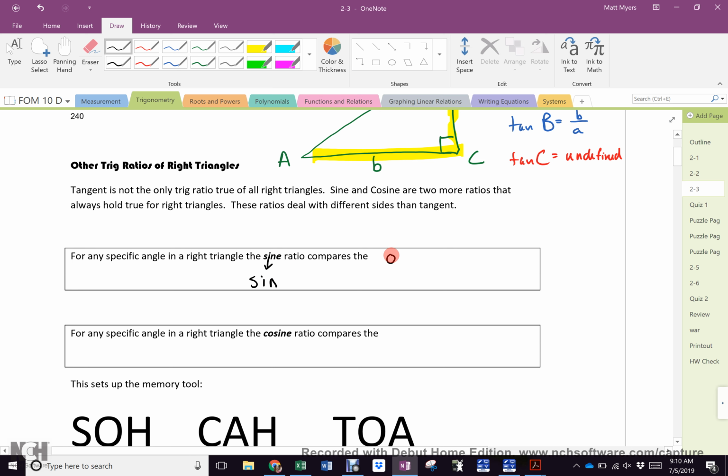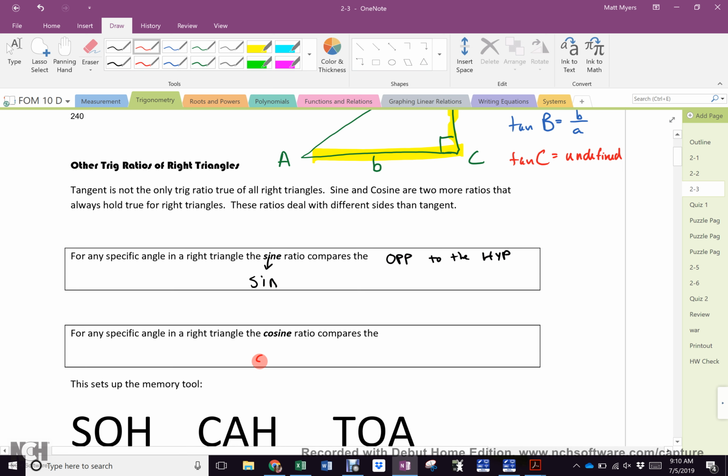The sine ratio compares the opposite to the hypotenuse. So it's just like tan, opposite adjacent, but now you're going to be able to use the hypotenuse.